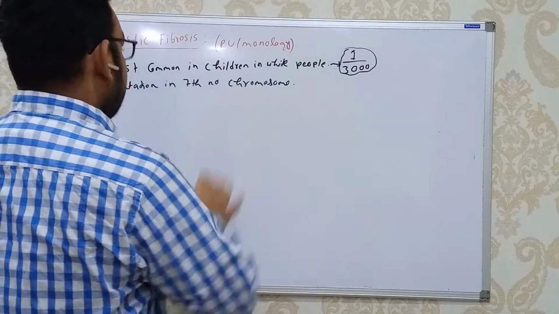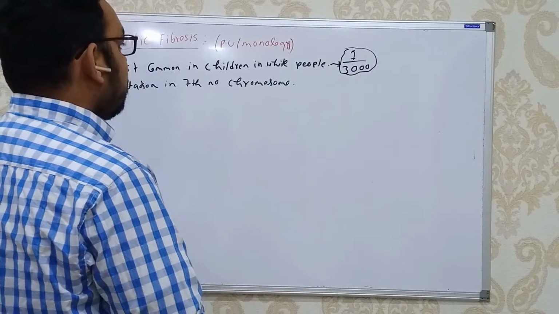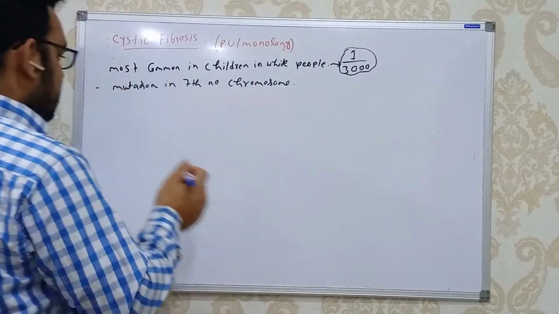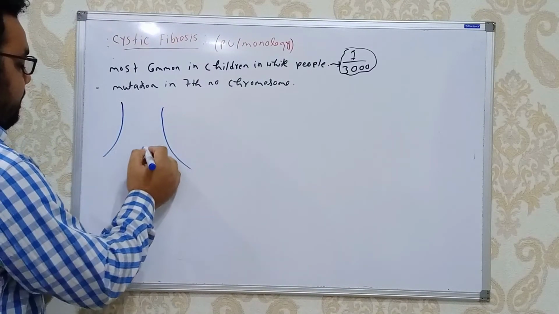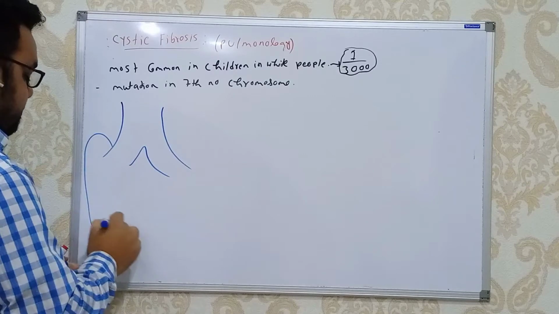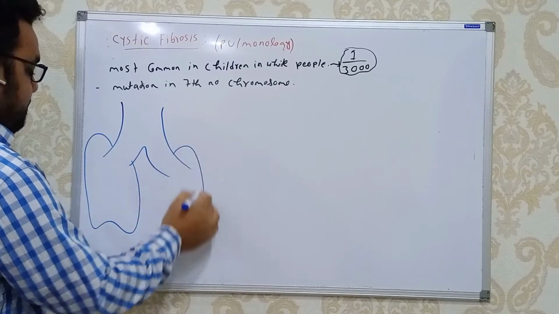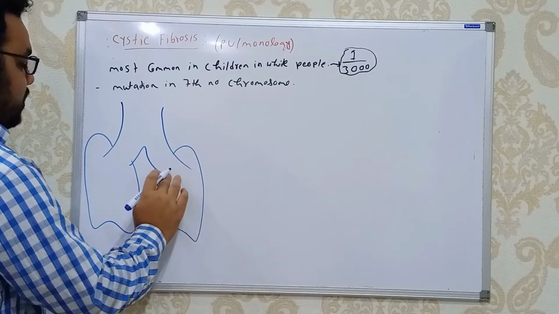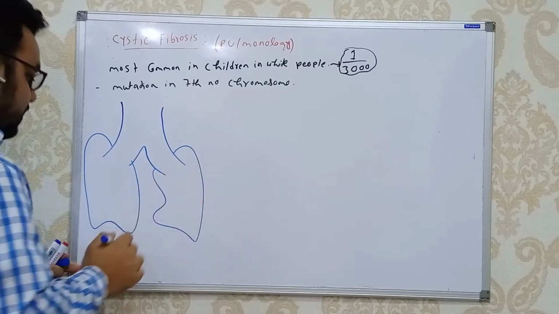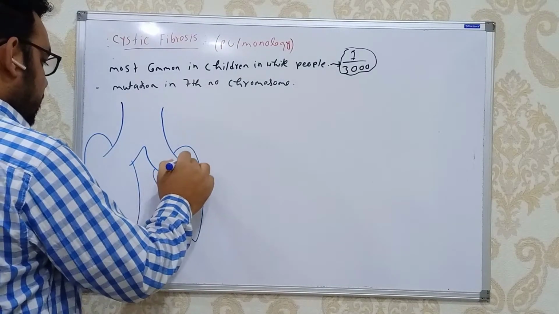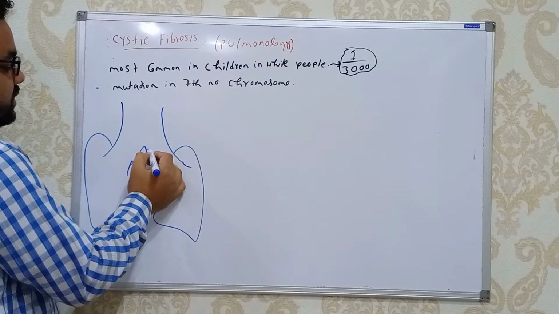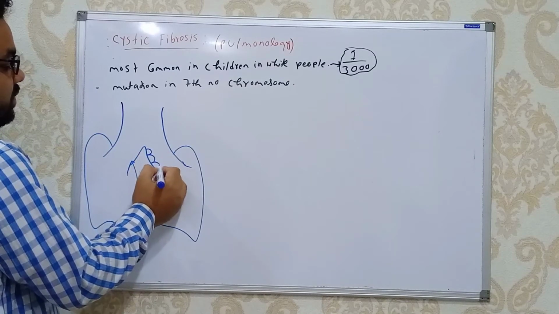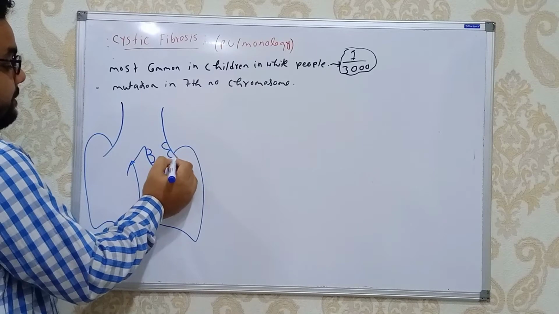For understanding this, we need to know the pulmonology, so let's draw a lung, just a simple diagram. Drawing is not that good, but for understanding purposes I am drawing it. Within the respiratory tract there are mucosal epithelial cells.